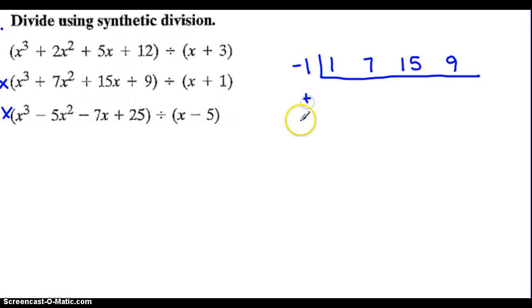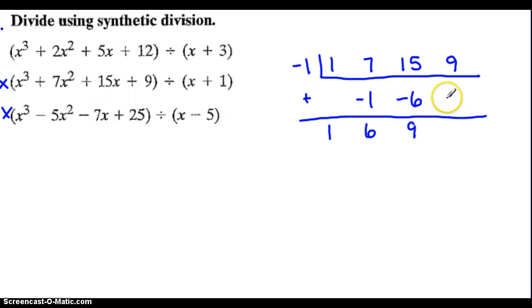And I'm going to add. So I first start off with 1 plus 0. Now it's below the line, so I multiply it times my 0. So it's -1. I now add. So that's 6 below the line, so I multiply. Now I add. Now I multiply.